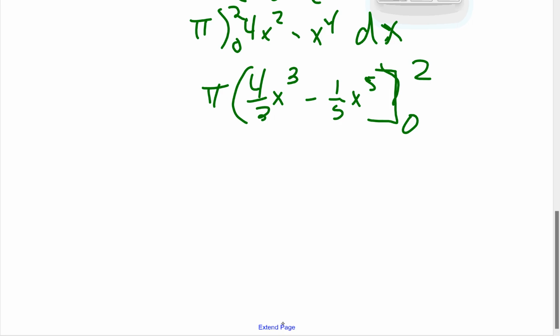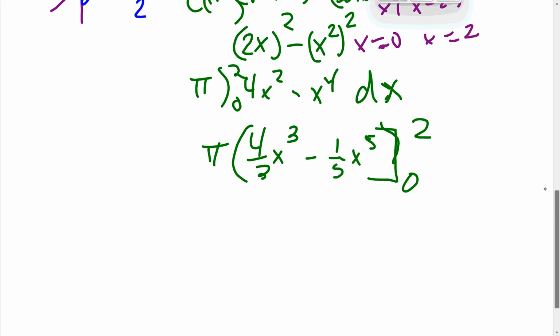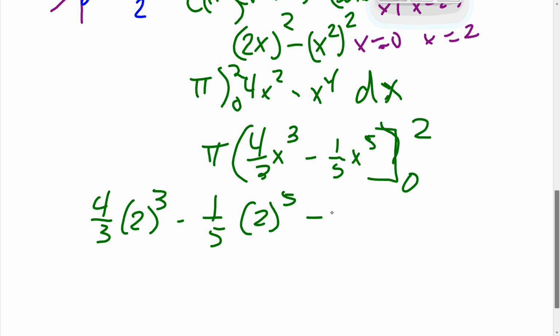I'll go ahead and put it in there just so you remember. As long as there's an x in each one, you really don't have to worry about it. But if you only have one x, then you do have to worry about it. And I think we have an example like that.